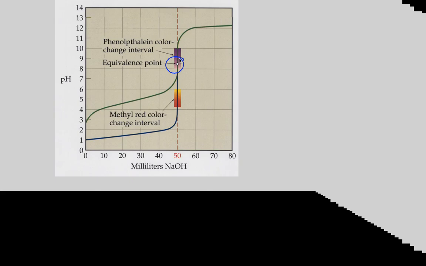What is the chemistry that is causing that equivalence pH to not be 7, assuming that this is acetic acid and sodium hydroxide? Which ion is reacting with the water? The acetate ion. So guys, this acetate ion is attacking the water. Is that okay?